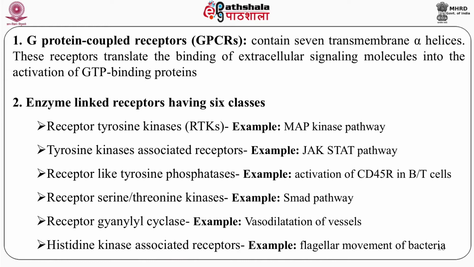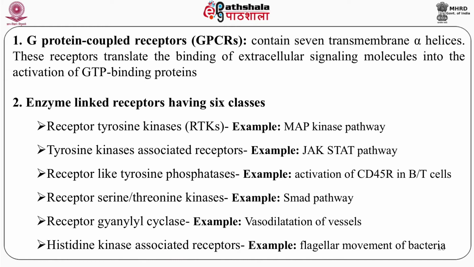G protein coupled receptors include a family of integral membrane proteins that have seven transmembrane domains linked to a heteromeric G protein. This is the largest family of membrane proteins and receptors, having about 800 members even in mammals.